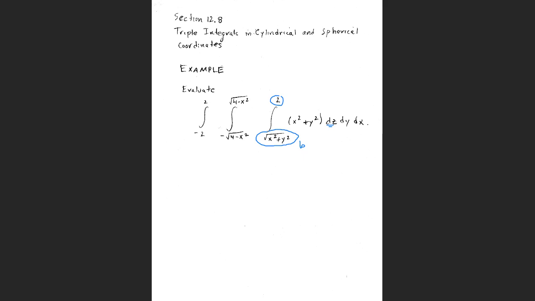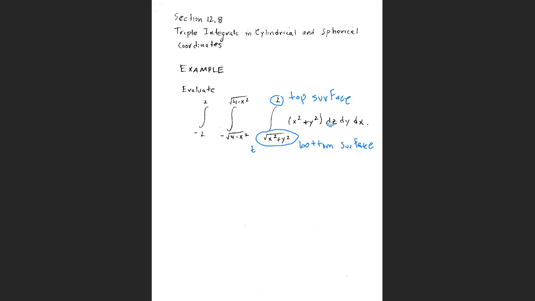So that means that your z limits are going to involve a bottom surface and a top surface. So the solid is bounded above and below by a top surface and a bottom surface.